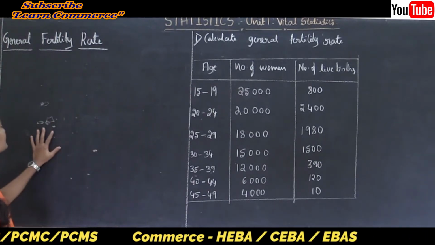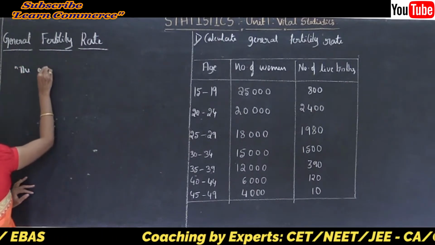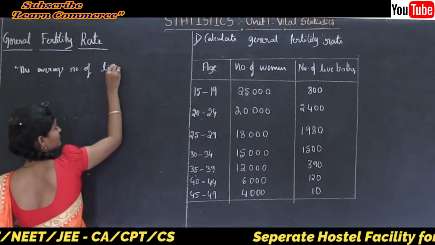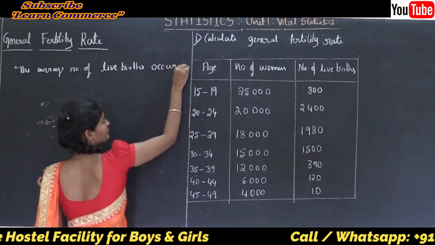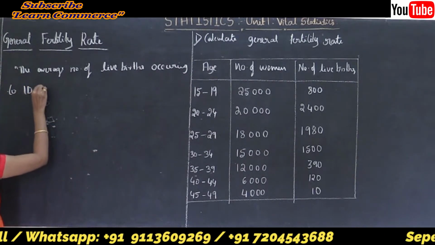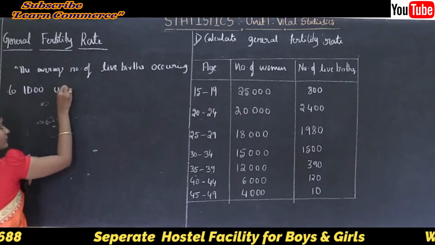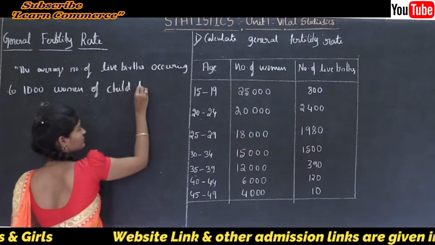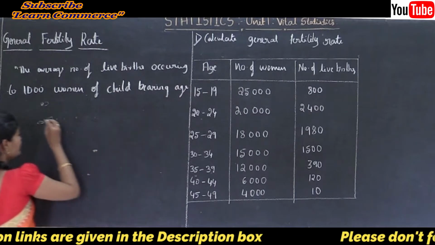So the definition of general fertility rate is the average number of live births occurring to 1000 women of childbearing age in a year.